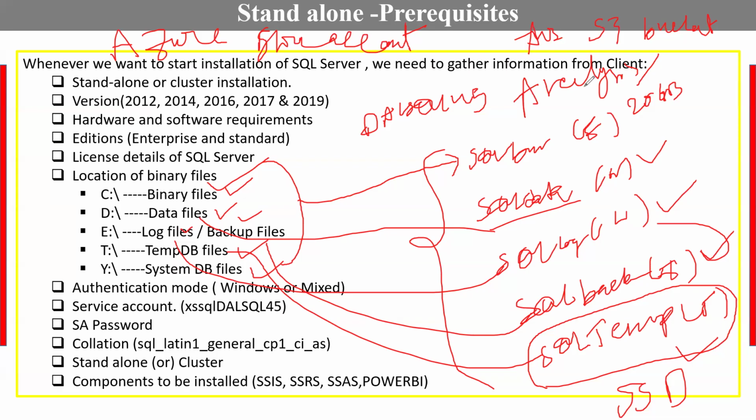Ask them, is it possible to create a dedicated drive for this analysis service rather than keeping it in our data directories? If they are using analysis service, definitely they need to store the data, because there also you are creating the databases. They are going to store the cubes.